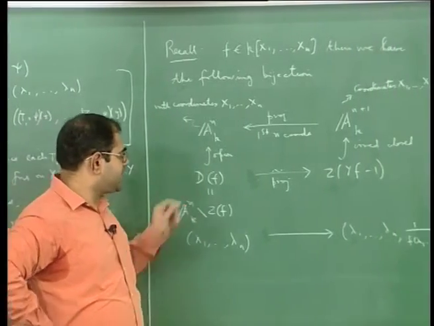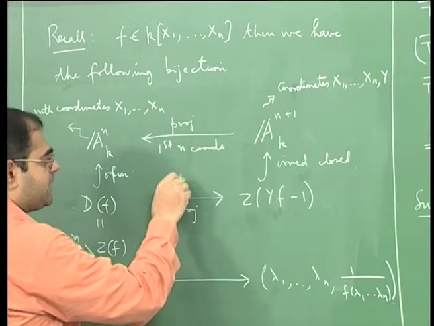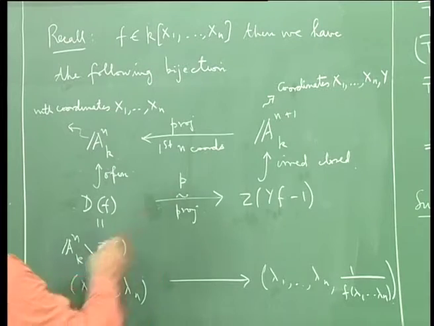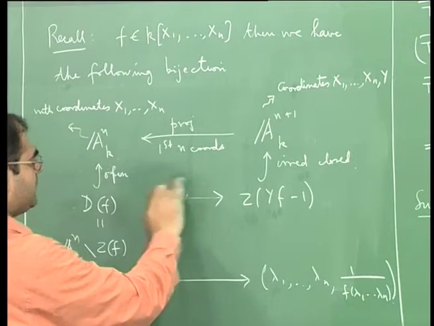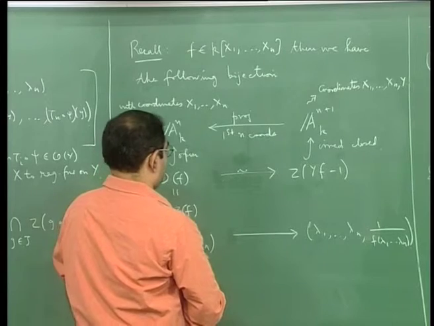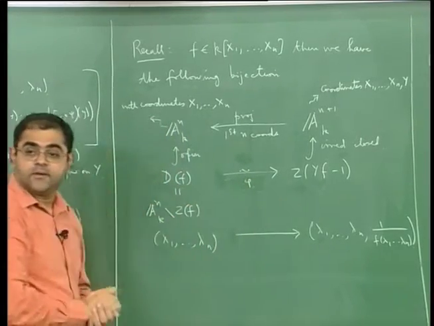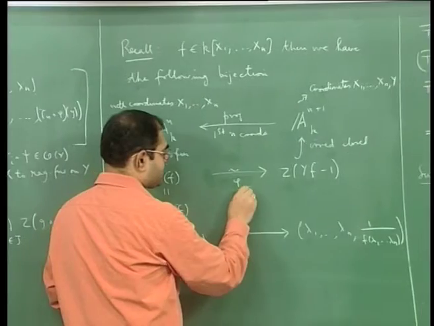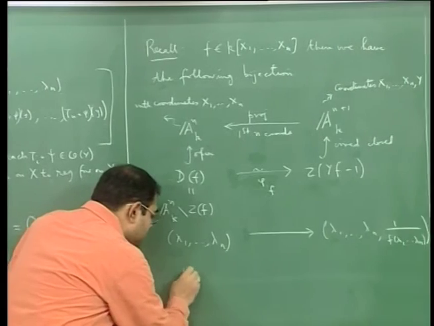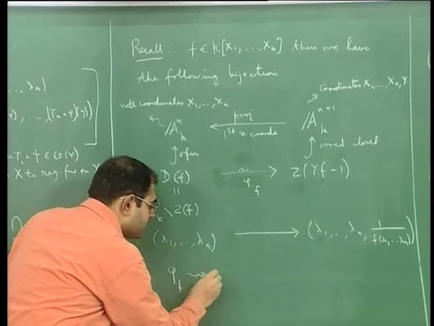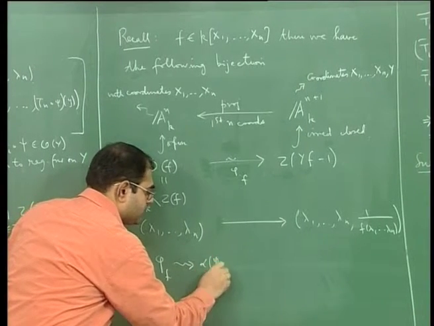You will see that if I call this map, let me call this map by something. I should not call it P, since P is projection, so I should not call it projection. Let me give it some name, well, phi if you want. Okay, let me call this phi sub f because this f is involved. Then this phi sub f will induce alpha of phi sub f, which is a pullback map.